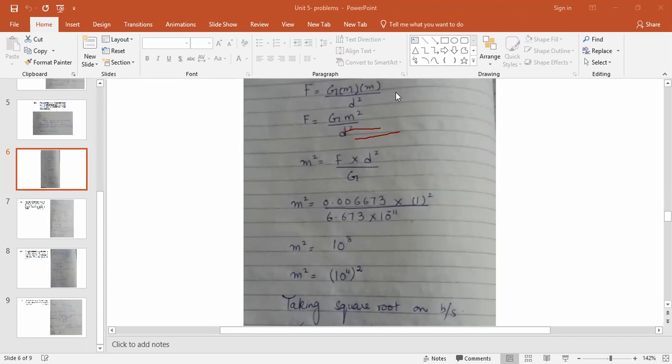So this equation will be like this: F is equals to G m into m by d square. Both m are the same, so we can take their square like this. So it will be F is equals to G m square by d square. As we have to find out the mass, we will shift the values of G and d to the other side by cross multiplication, and we get the equation m square is equals to F into d square by capital G.